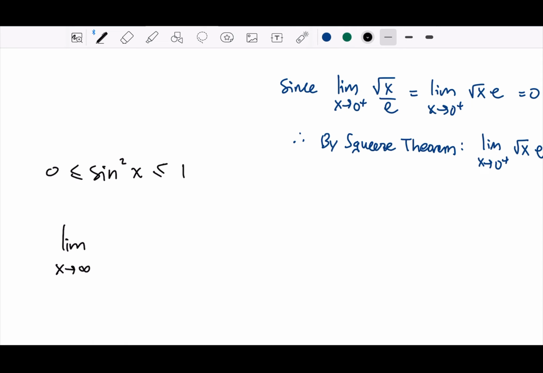Let's just go to infinity and just take this as an example. I already gave the clue here, so you can just continue and you can have some conclusion.